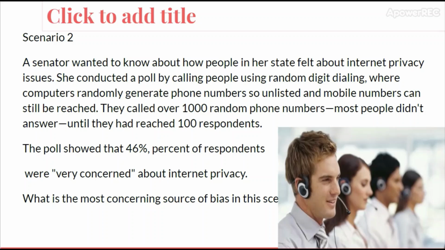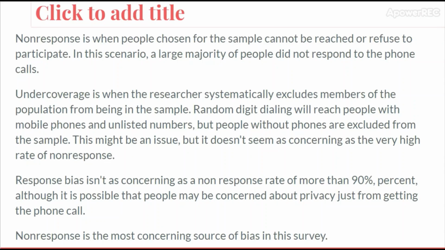And here is the answer. The answer is non-response is the most likely cause of the bias in this survey. So basically, you didn't actually ask all the people in your state in this situation. So how can we solve this problem?